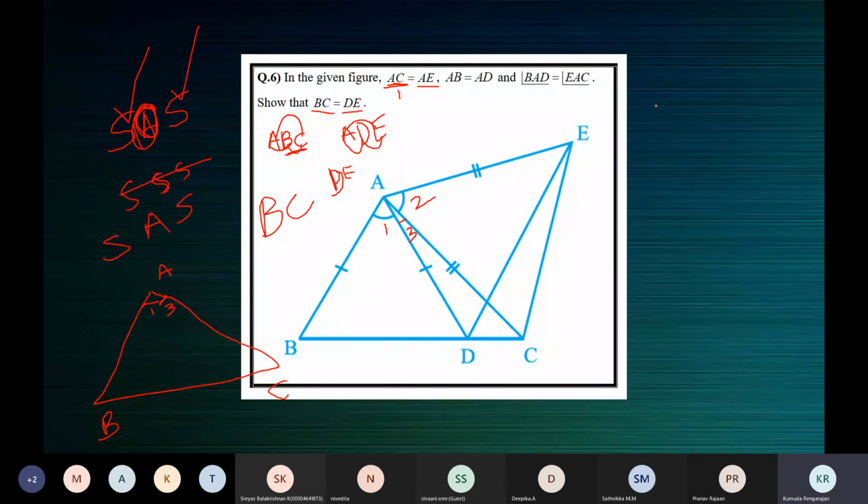And the other triangle is ADE. Here we have some portion 2 and 3. This is the triangle ADE.